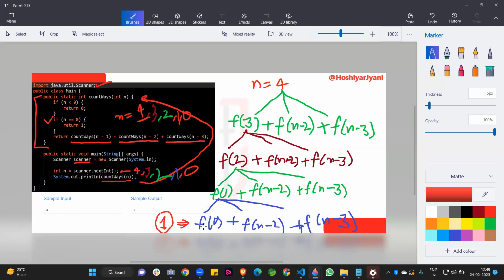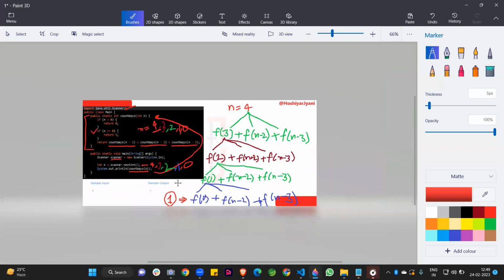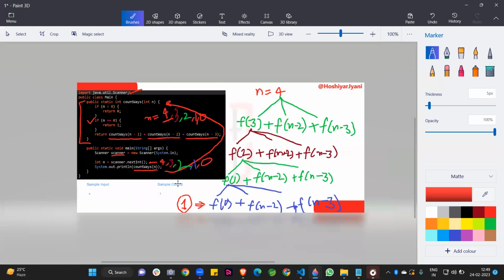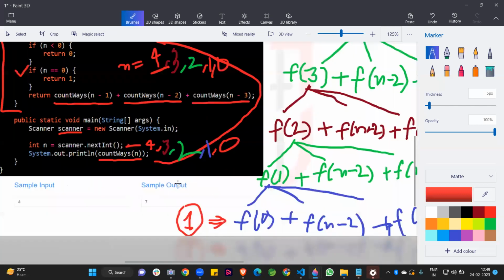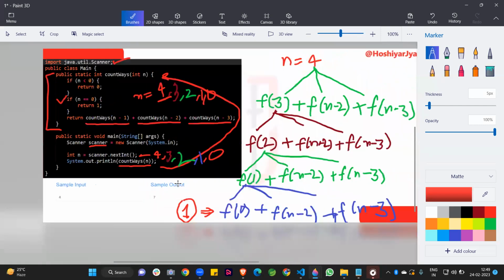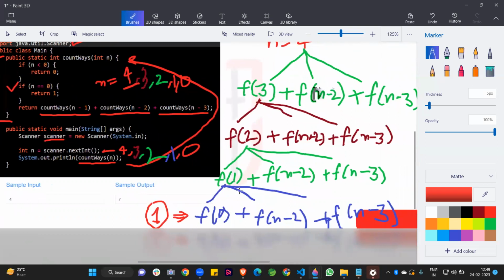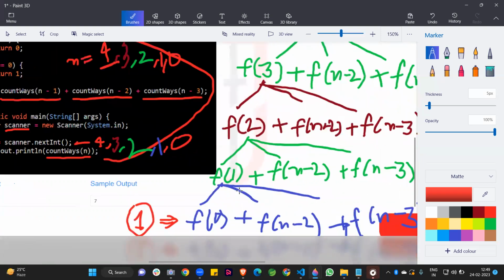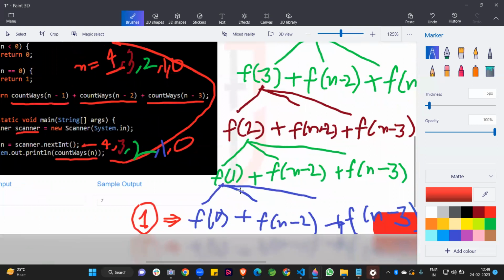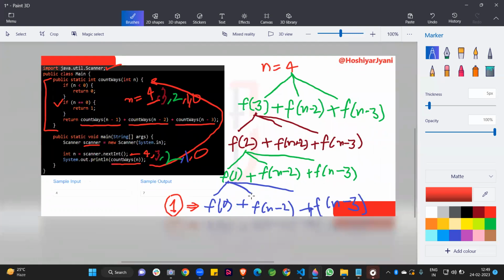Okay. After that, this is solved and we return some value. Then we can call the second one. So guys, you can see here, this f of 0 is solved.